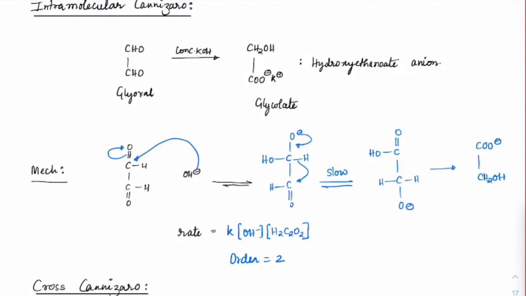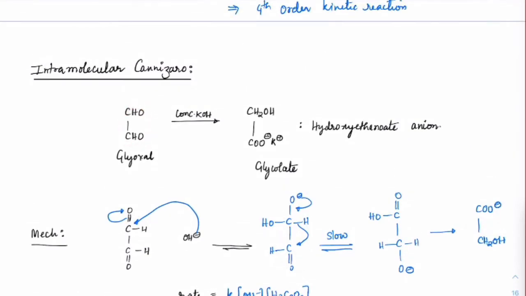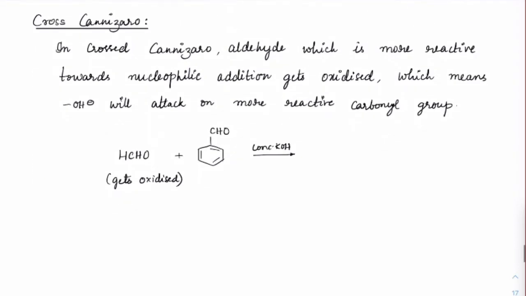Okay. So it's a pretty simple reaction. You just have to understand where the hydride shift would be. Now, so far we are talking about the same molecule, either intramolecular or intermolecular. What if you have two different aldehydes? If you have two different aldehydes, then it will go for cross Cannizzaro. Okay.